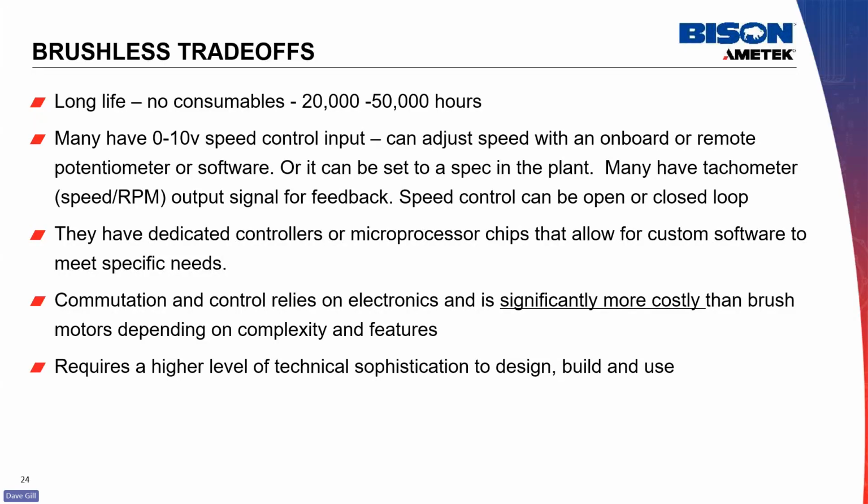Many have a 0 to 10 volt speed control input that you can either adjust the speed with an onboard potentiometer or a remote potentiometer or with software. It can be set to spec in the plant if you have a specific value you want. Many have a tachometer for speed RPM output signal, which you can use for feedback. So speed control can either be open or closed loop.